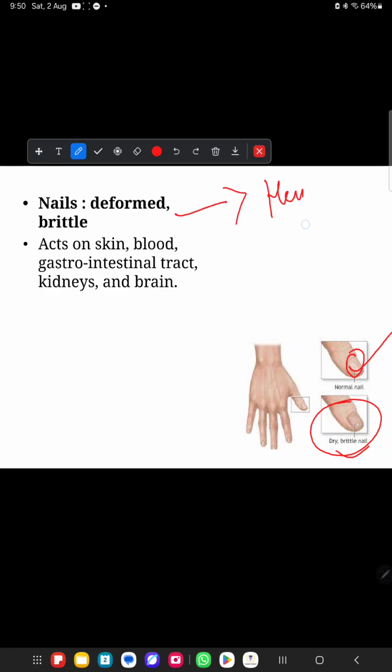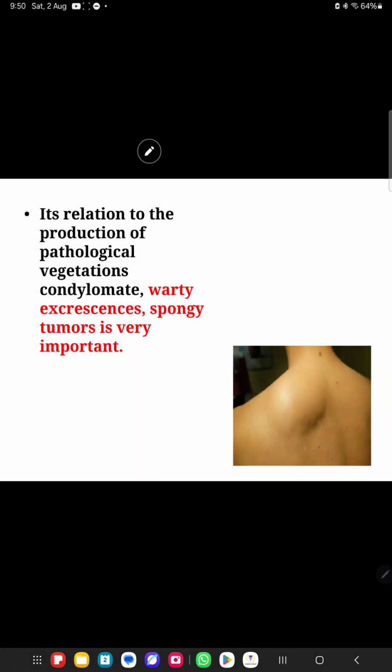Hepar sulph especially acts on blood, GI tract, kidney and brain. Its relation to the production of pathological vegetation, condylomata, excrescences, spongy tumors is very important.